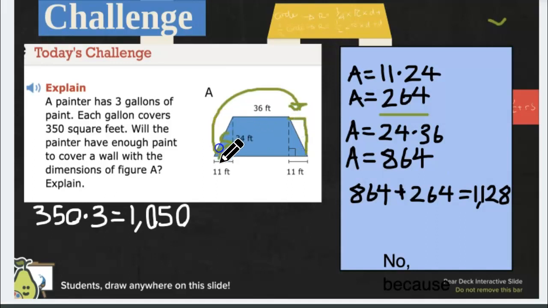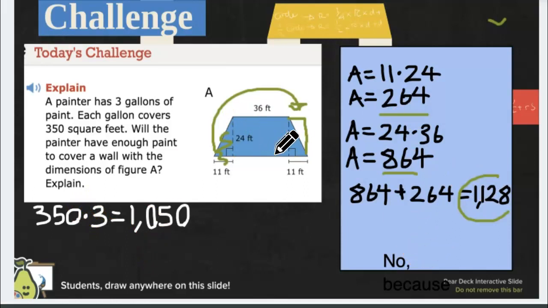She was able to solve for the area of 24 and 36, and 11 times 24. So 264 and 864, and we added it to get 1,128, and it's not enough. The paint is not enough to cover that shape.